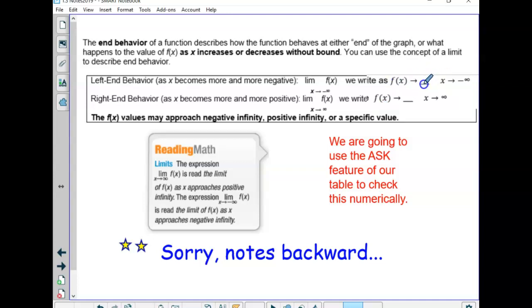As long as you know what x and y are, it shouldn't matter. Do you have this at the bottom of 4a? Thank you. So on 4a, it says the left end behavior means as x becomes more and more negative. So we will write this, x approaches negative infinity, and then we're going to fill in the blank here. Is the y going up or down?